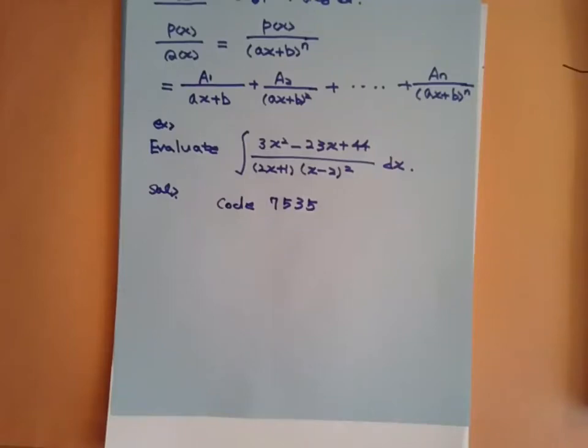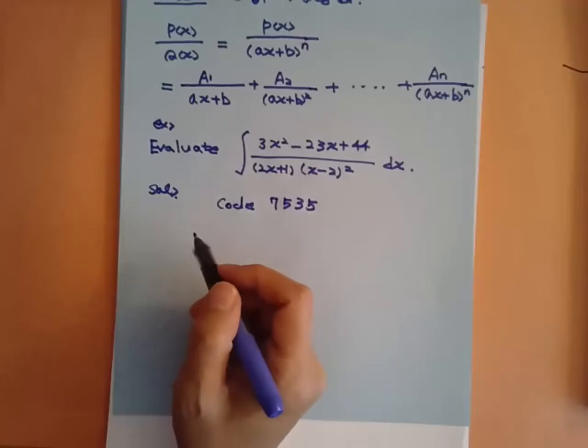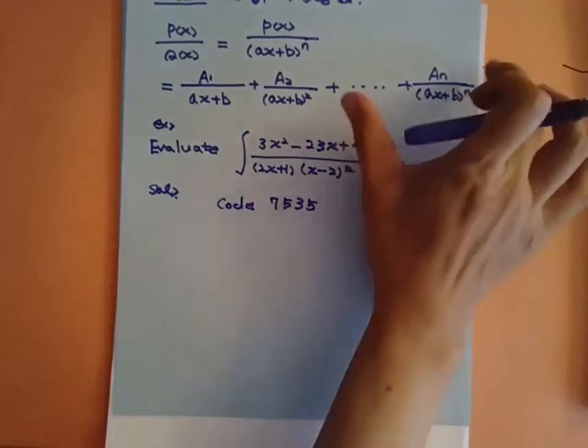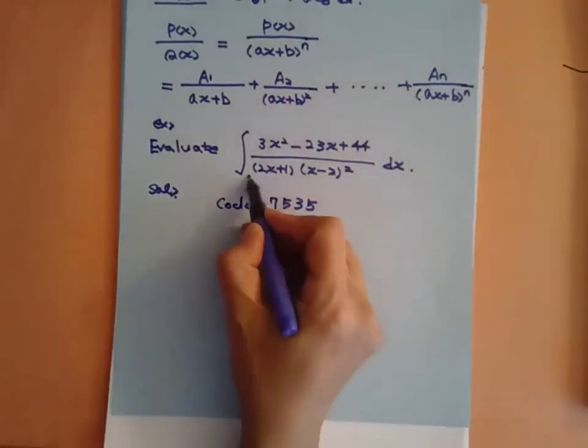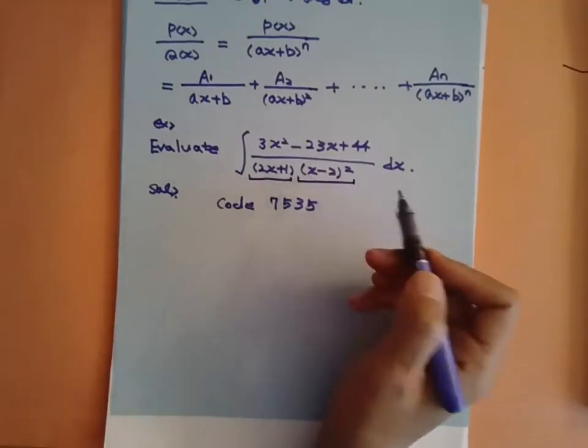For this fraction, what we want to do is just to combine the previous technique with the new technique. So there is one linear factor and the other factor is raised to the power.